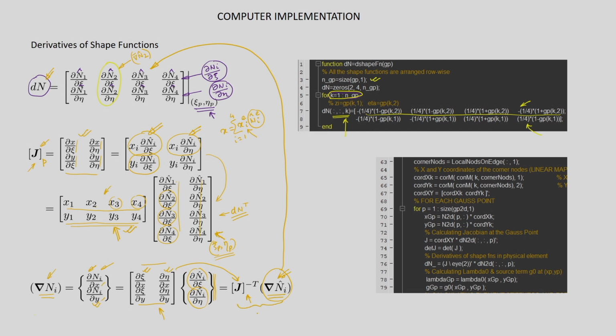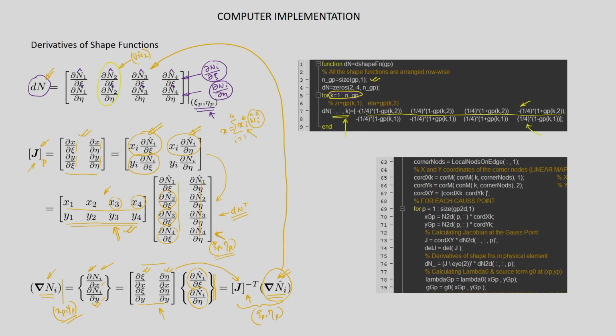So, these are evaluated at a particular Gauss point xi p eta p. If I multiply these two, we get the gradient of Ni in the physical element corresponding to xi p eta p. I have the physical point x p y p where we get the gradient of Ni, and that is what we are going to use in calculating the stiffness entry.